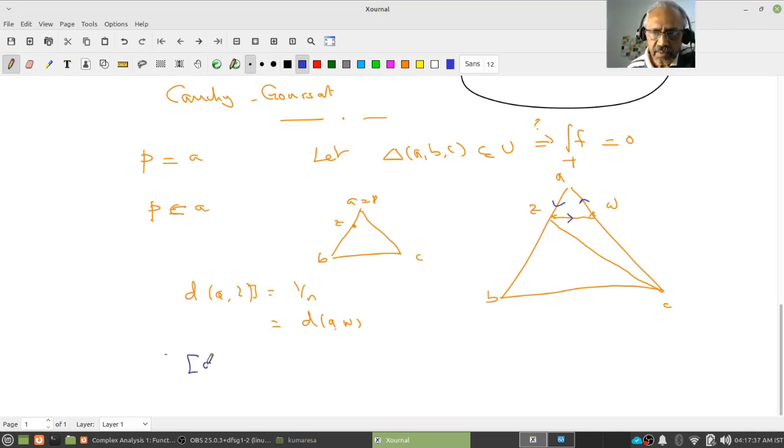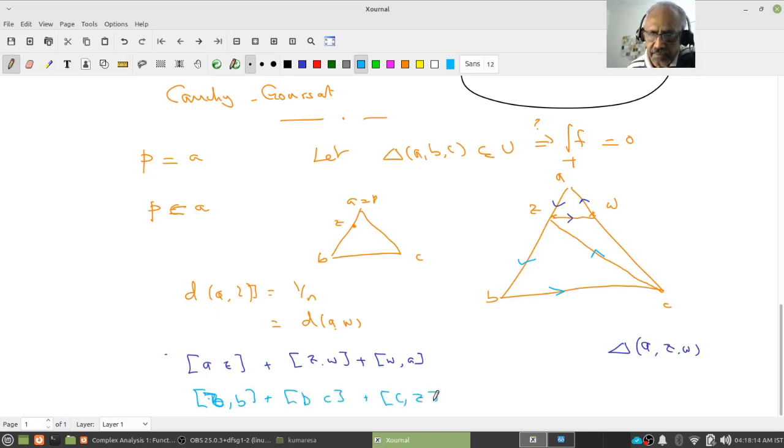The path is A to Z plus Z to W plus W to A. This is the boundary of the triangle corresponding to AZW. The next one is Z to B plus B to C plus C to Z. This corresponds to the boundary of the triangle delta ZBC.